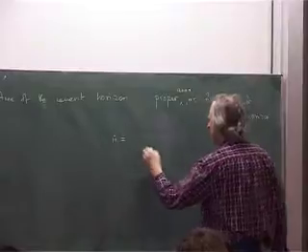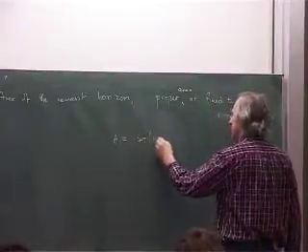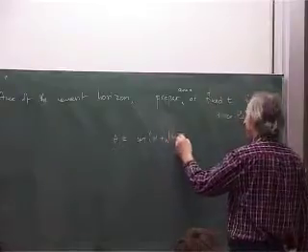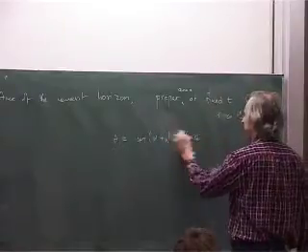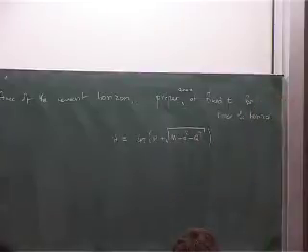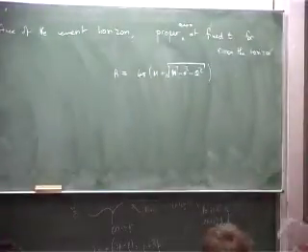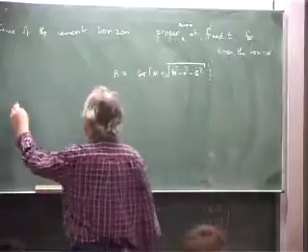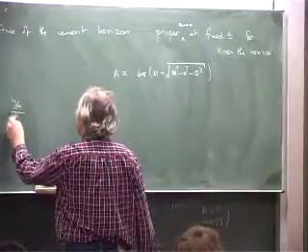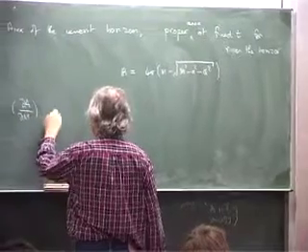For the Kerr metrics, this is equal to 4 pi into m plus the square root of m squared minus a squared minus q squared. So now you can go ahead and calculate all of these objects. You can calculate dA by dm at constant j and q.